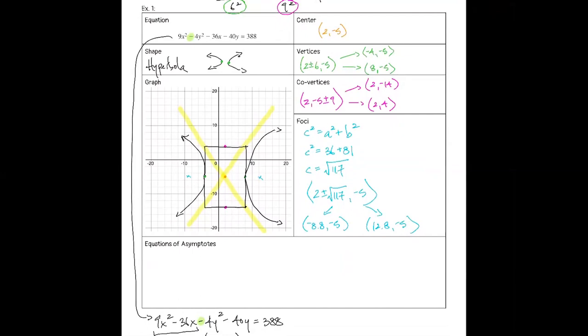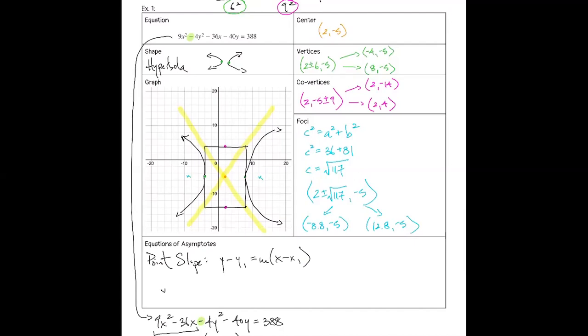But we can think about this as go back to that point slope form, where we have our y minus y1 equals m times x minus x1. And we just need to fill in the center for our x1 and y1. And then our slope is going to be the rise over run of our yellow asymptotes. And we can count that from our graph, okay? We can also count that from some of the numbers that we've seen in the problem.